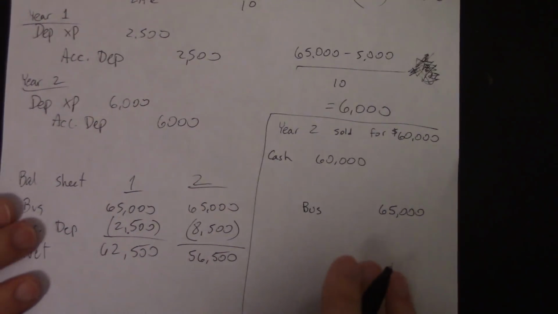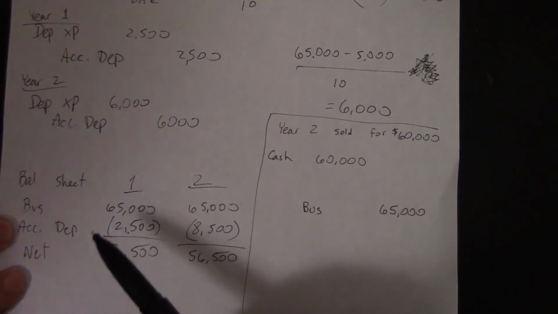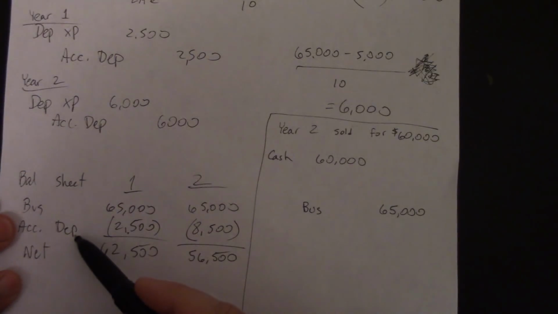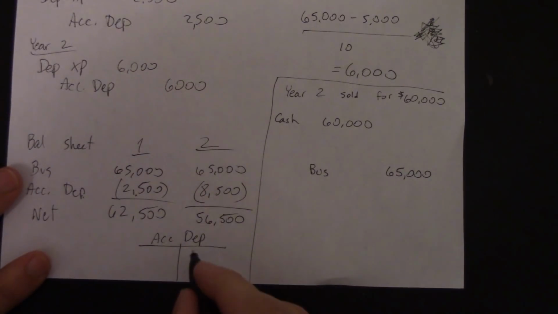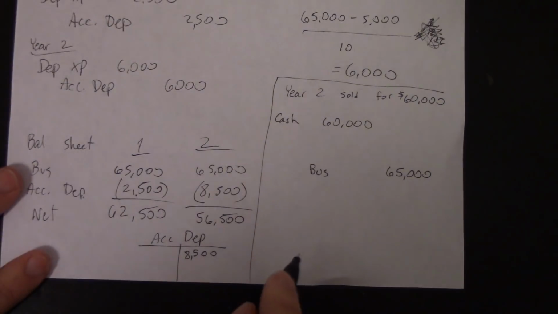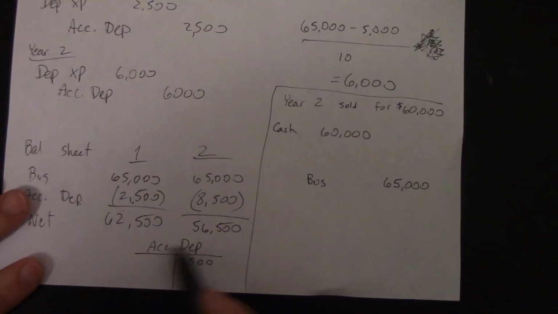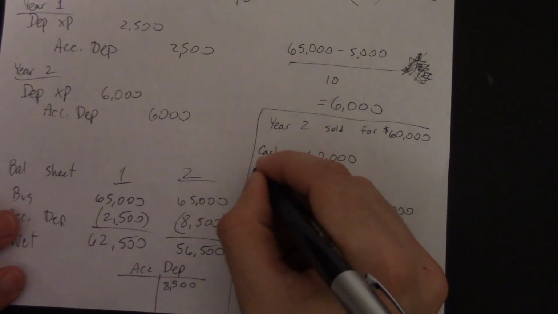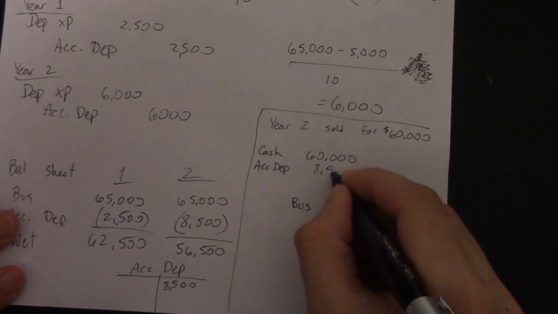Connected to this bus is the accumulated depreciation, so we got to get rid of that as well. Accumulated depreciation, remember, is a contra asset. Here's its T account. It's got, as of now, an $8,500 balance. It's a credit balance because it's a contra asset. So to get rid of this accumulated depreciation, we're going to debit accumulated depreciation by $8,500.